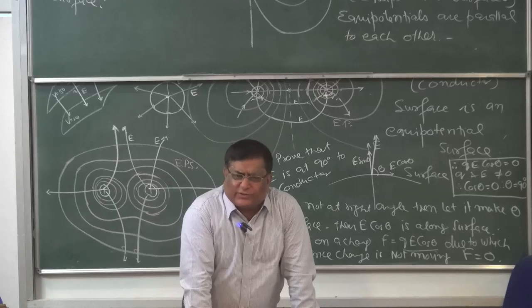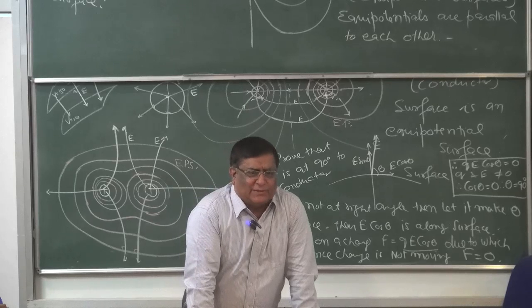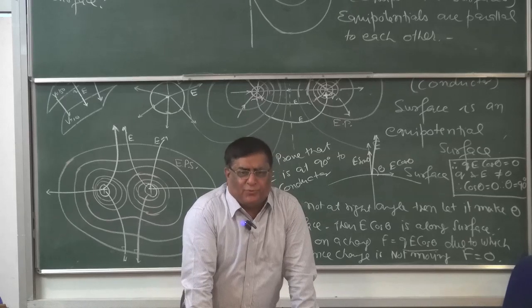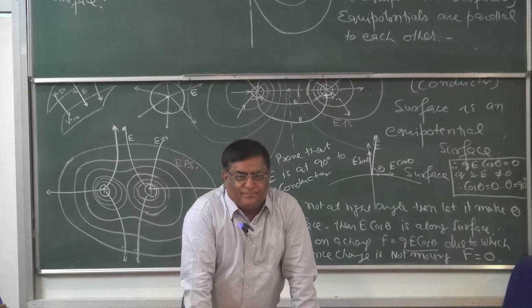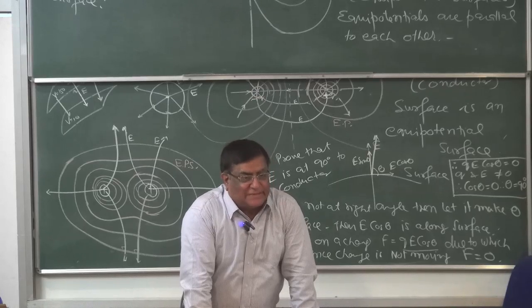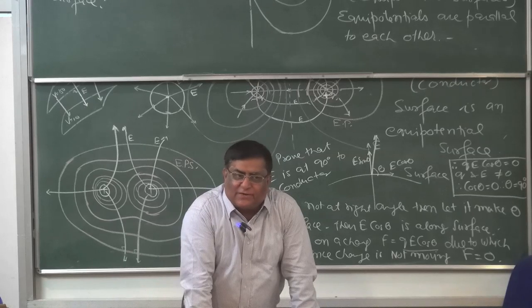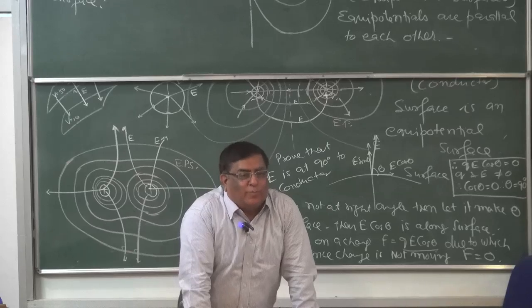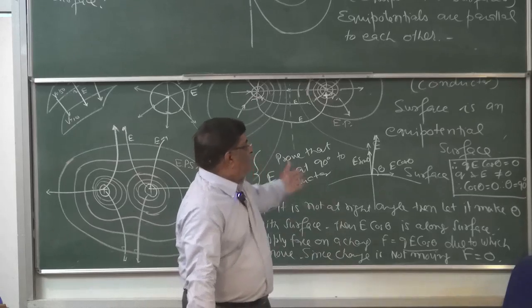Okay, this is a small proof, rarely asked, but there is a proof. And at its base is that the charges along the surface are not moving. That shows the electric field has no component along the surface. No component along the surface means it is normal to the surface.